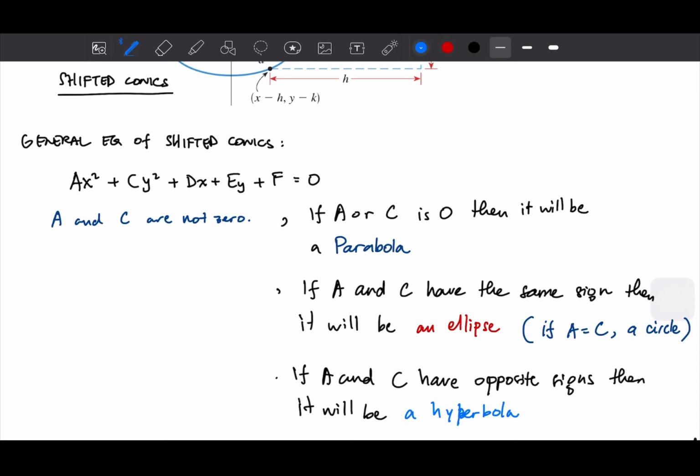And if, for example, you have this same structure of the equations, sometimes it is not a parabola, not an ellipse, not a hyperbola. We call it degenerate conics. So it could be a single line, it could be just a point, it could be maybe no curves at all.